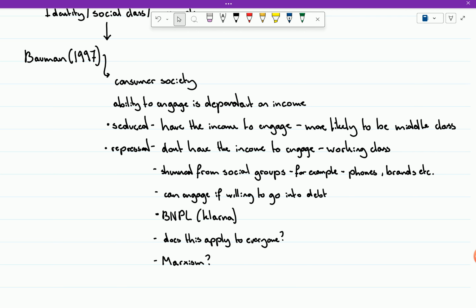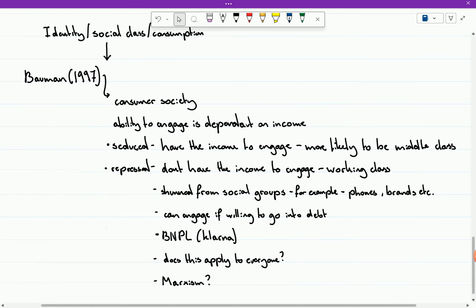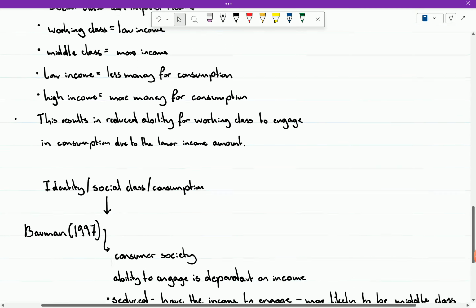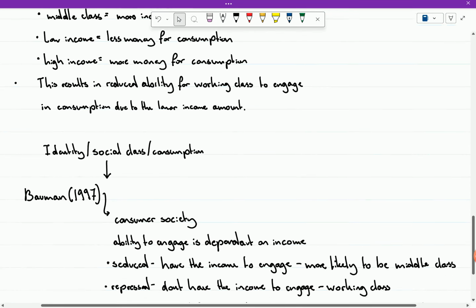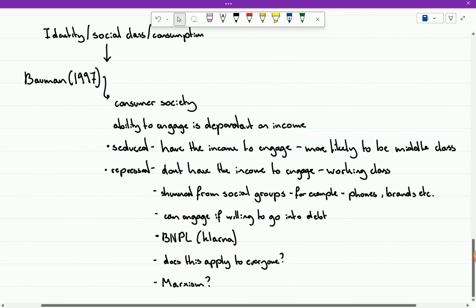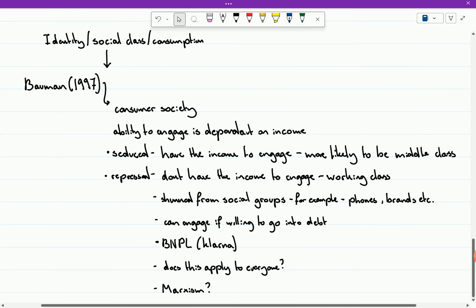And sometimes we think we have an idea, we're not sure, we start writing, ideas start flowing. And this is just one way to take the point. So you may look at the concept of social class and income, and you may want to take it a different route. This isn't the only answer, but it's one potential answer.